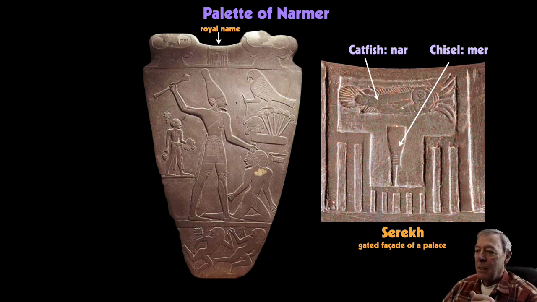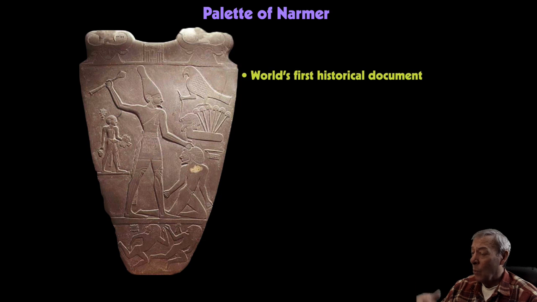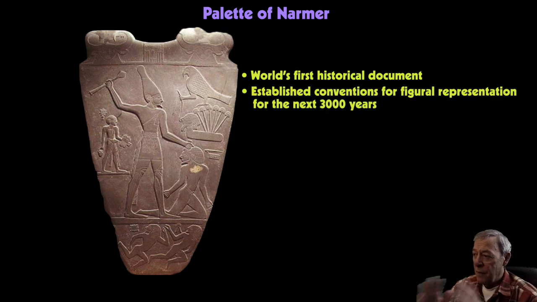Okay. So what the significance historically of this palette of Narmer is that it is the world's first historical document. Okay. In it, it establishes the convention for figural representations for the next 3,000 years. Okay, so whoever this artist was that generated these images, he was going to have a very long period of influence.